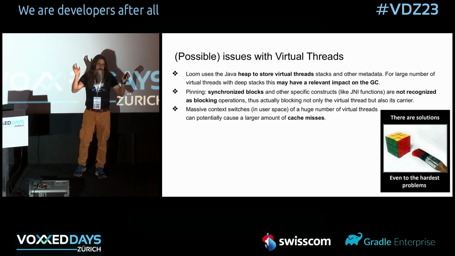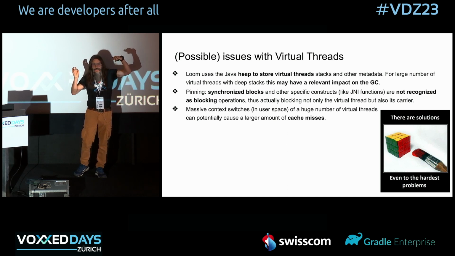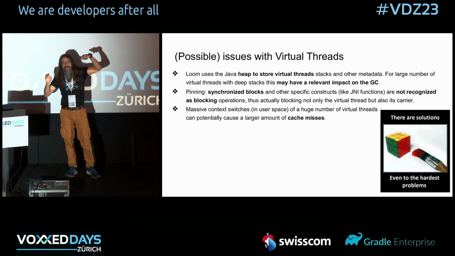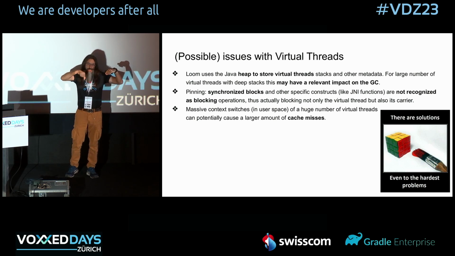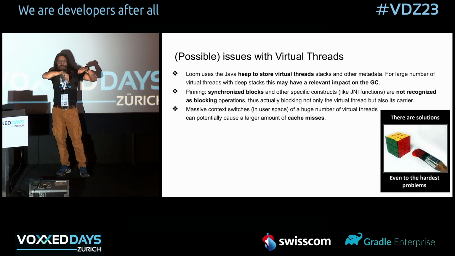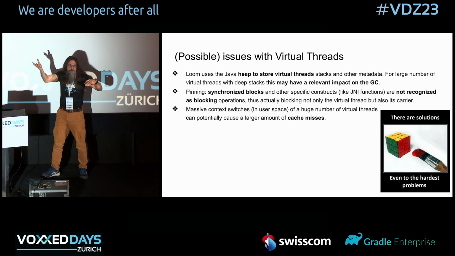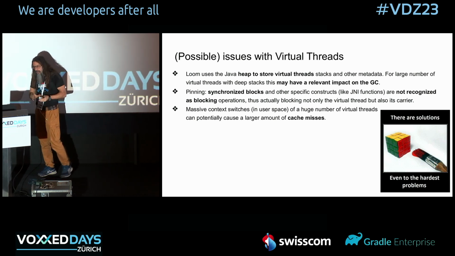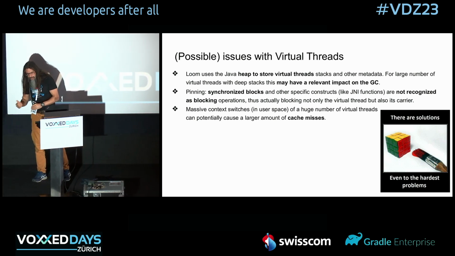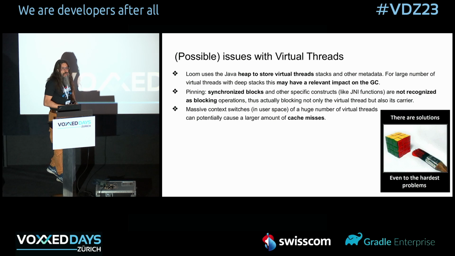This carrier typically will run on a different core of your machine, and this means that you will have L1 and L2 cache misses. So the heap of the virtual thread will need to be recovered from the L3 of the cache, and so you have a cache miss, quite a huge cache miss if the stack of the virtual thread that lives on the heap is big.